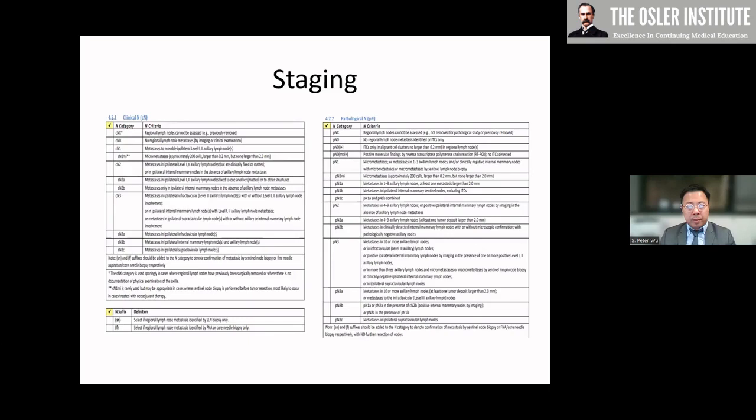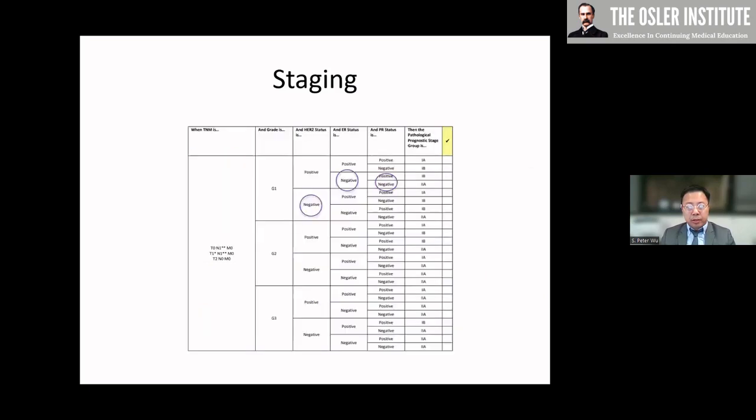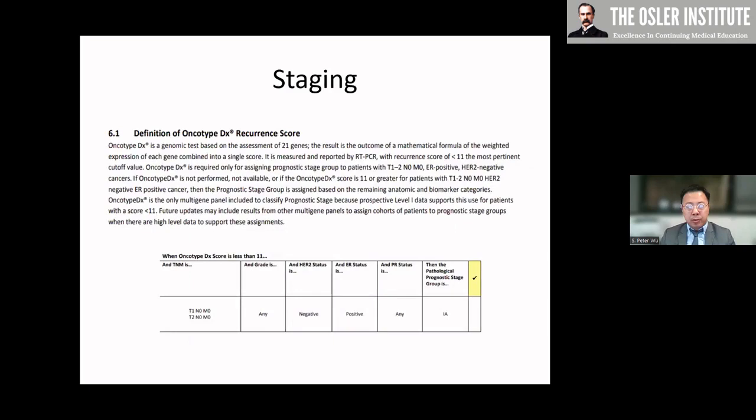The staging system, both prognostic as well as the anatomic staging, remains a cornerstone of how we communicate about breast cancer, because truly there are biological differences between a small tumor, a T1 or T2 tumor, and a larger tumor, T3, or an inflammatory tumor, T4D. I think it's important to know the cutoffs between T1, T2, T3, T4, and also the special categories of T4, most importantly, inflammatory. We'll get into that in the next presentation.